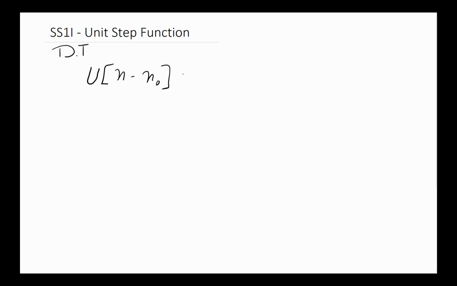So u[n minus n0] is equal to 1, as a definition of the unit step function, when what is inside the square bracket is larger than or equal to 0. So n minus n0 is larger than or equal to 0, which tells us this is equal to 1 when n is larger than or equal to n0. All other times, the value of this is 0.